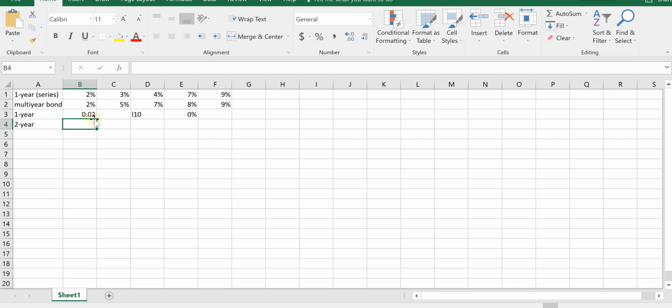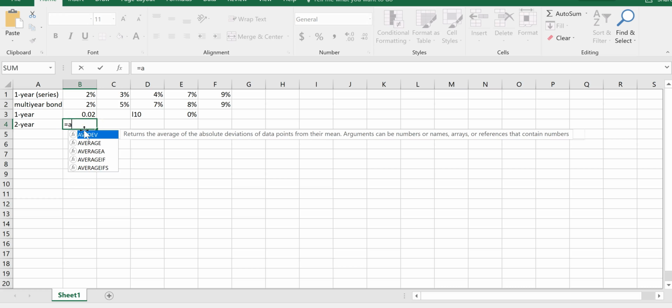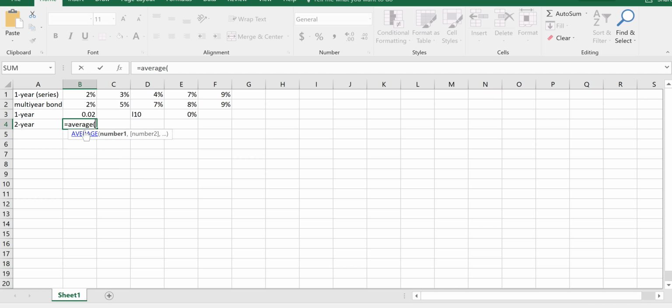But starting from 2 years, the first step is to calculate the average of the first two 1-year interest rates.